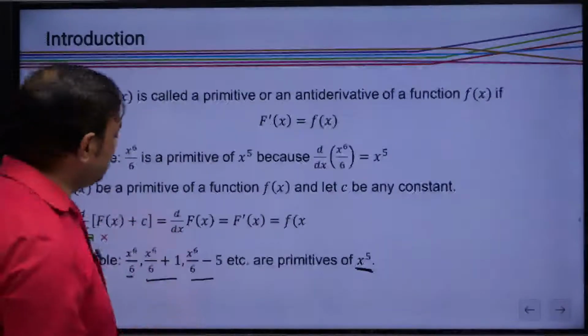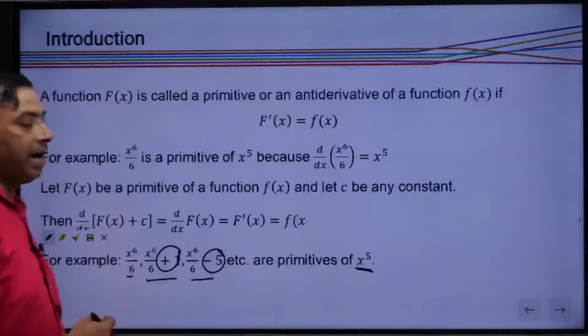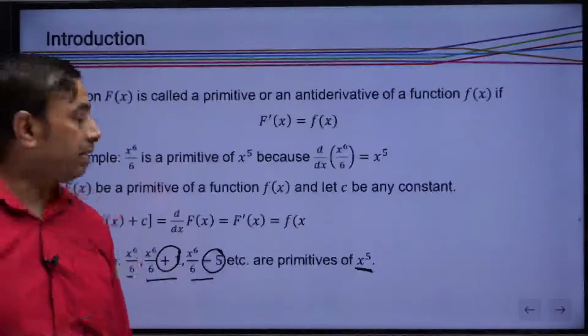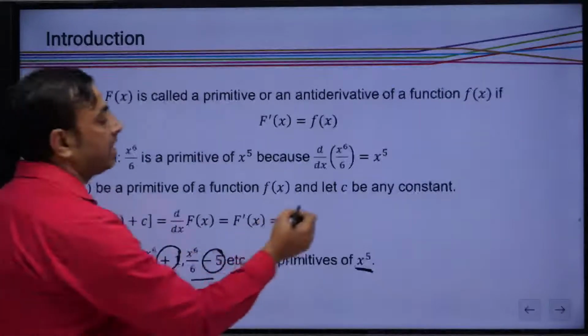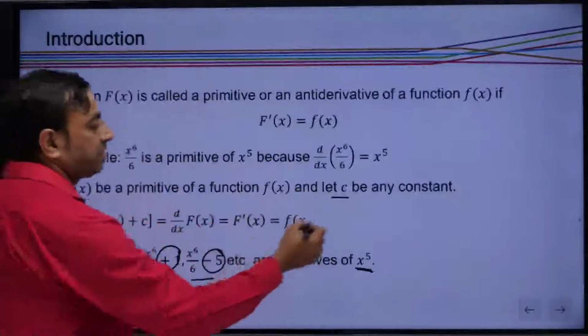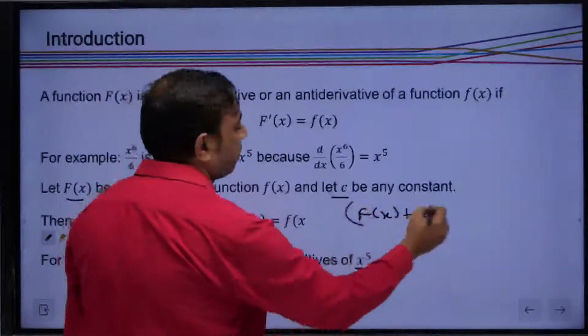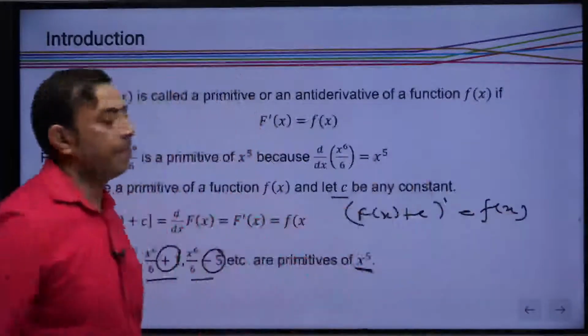So if we add a constant to the function, the primitive remains the same. If there is a function Fx and it is connected with a constant c, then Fx plus c is also a primitive for fx, if I differentiate this function.